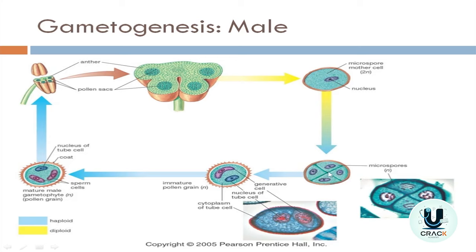Looking into each cell, the first one has the generative cell, nucleus of tube cell, cytoplasm of tube cell: an immature pollen grain. The next one is the mature male gametophyte, with sperm cells, nucleus of tube cell, and coat. This is about the male gametes.